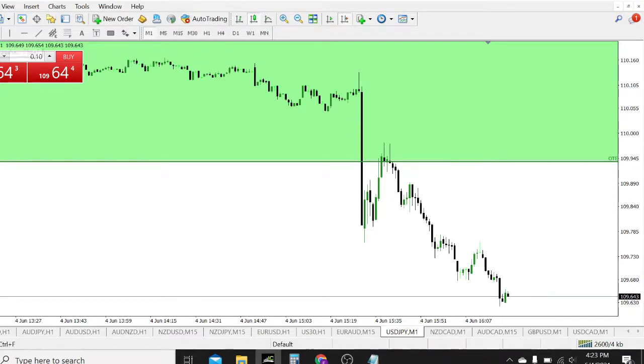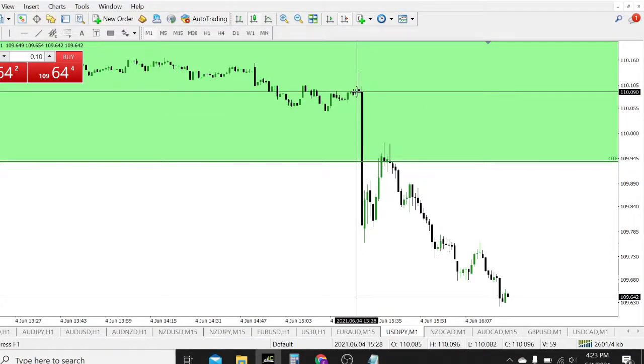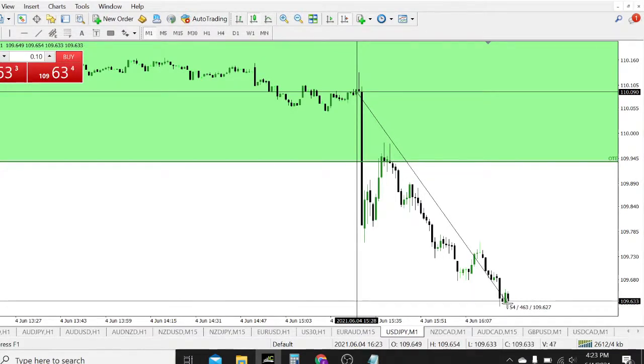So if I take this trade on the USD JPY, in the first minute it went almost 30 pips, and if I wait for around this much time, I'm going to make 40 pips.